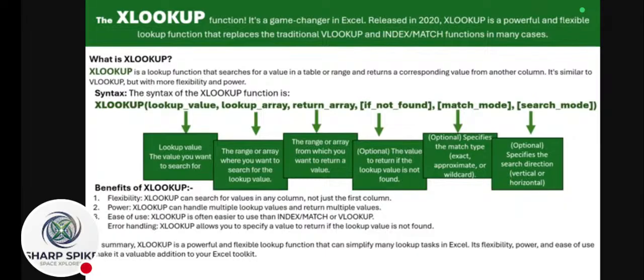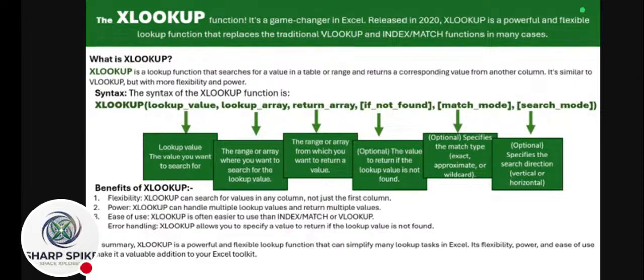Let's see the benefits of XLOOKUP. It has more flexibility. XLOOKUP can search for a value in any column, not just the first column. It's powerful. XLOOKUP can handle multiple lookup values and return multiple values. Easy to use. XLOOKUP is often easier to use than INDEX MATCH or VLOOKUP.